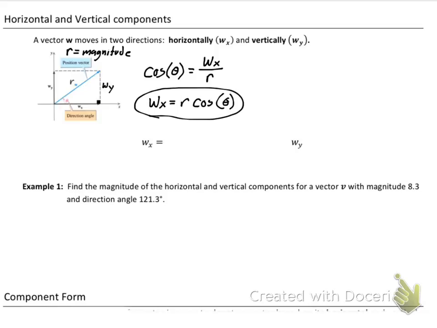So our vertical component has something to do with sine, and that's going to be the sine of theta is going to equal my vertical component over my length of my hypotenuse, which is also my magnitude. Multiply both sides by r, and you're going to see that your vertical component is just going to equal r times the sine of theta.